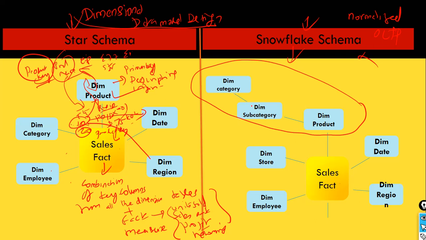This one has a link with this, and this one has a relationship with this. A product table has a relationship. If I wanted to know category wise how much sales we made, then you have to join these three tables, and then only you will be able to answer my query. Joining is an expensive operation.